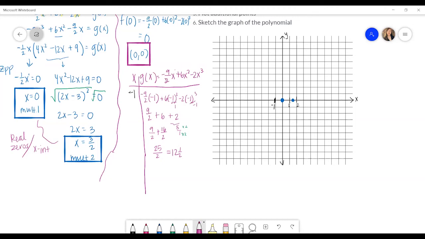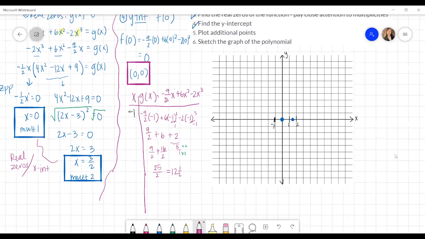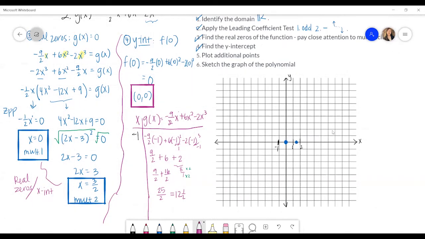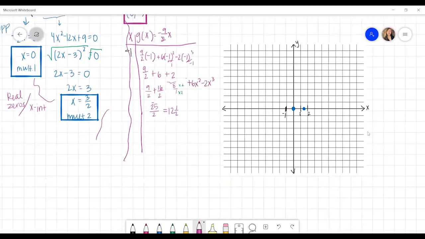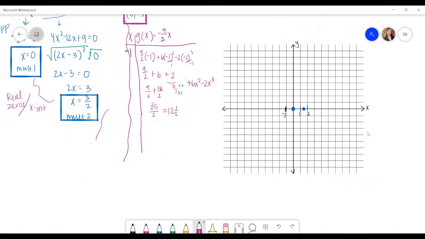So again, it's a little out of our boundaries here, but that wouldn't be a big estimation, right? It'd be just above where our graph sits. So maybe a point like right there would be fair.